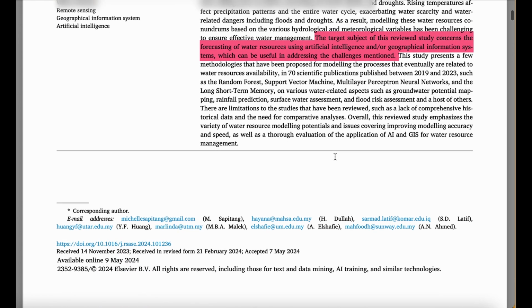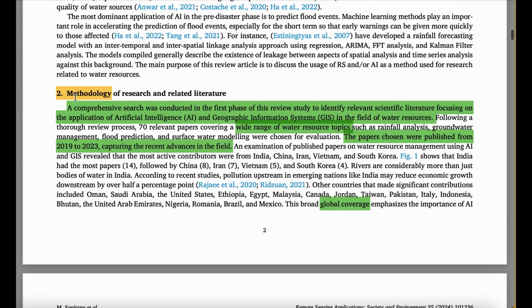This was their goal, inside the methodology section. You can see a comprehensive search was conducted in the first phase of this review study to identify relevant scientific literature focusing on the application of artificial intelligence, AI, and geographic information systems, GIS, in the field of water resources. So that was their goal.